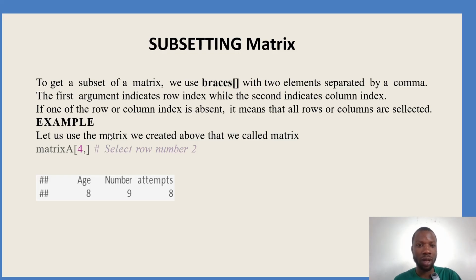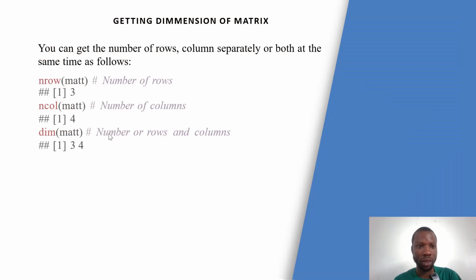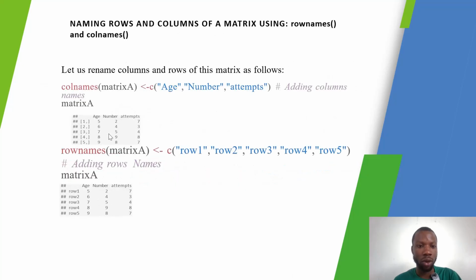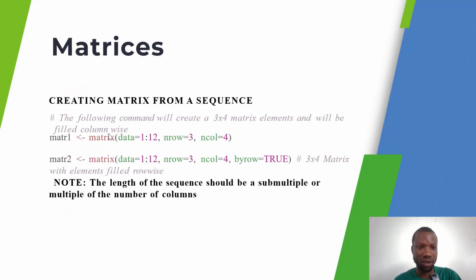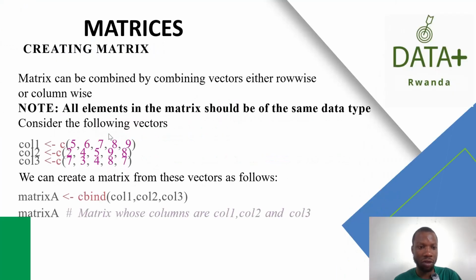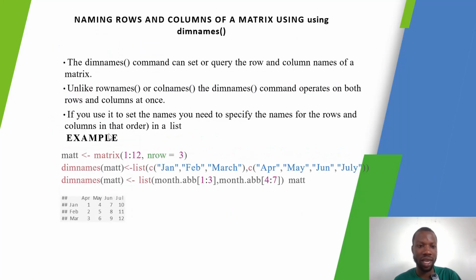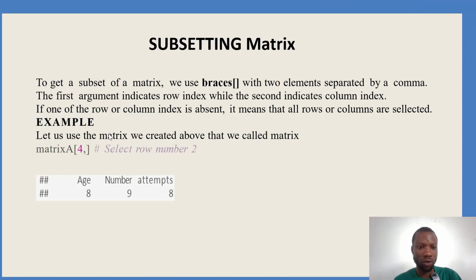So let's use the matrix we created above, which we named matrix A. If I say matrix A and then put the square brackets and put 4 and a comma, it means I'm telling R to go through my matrix and look for all the values in row number 4.